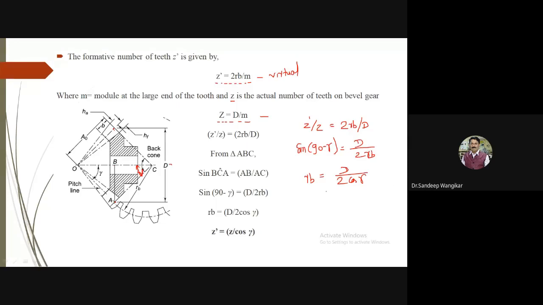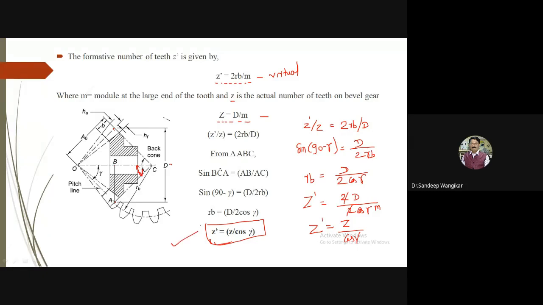Now substitute this RB value in your Z dash. Z dash is equal to twice RB divided by M, that is D divided by 2 cos gamma into M. 2 get cancelled, and Z dash is equal to D by M, which is nothing but Z, and remaining cos of gamma. One step is missing, therefore I have gone for this stage.